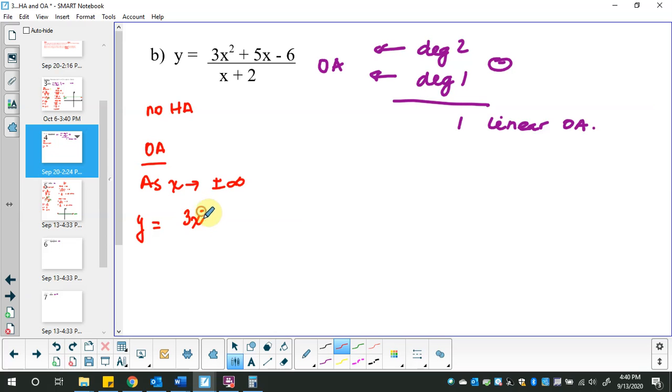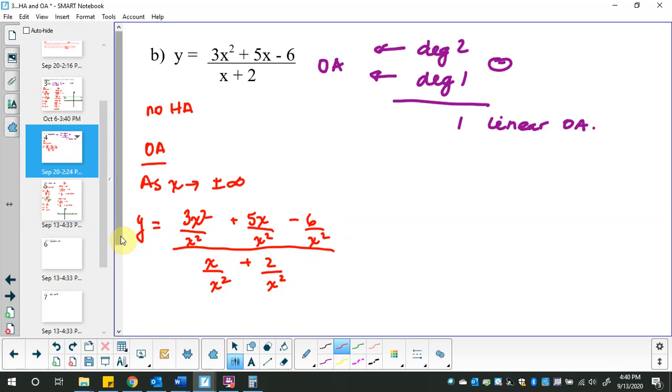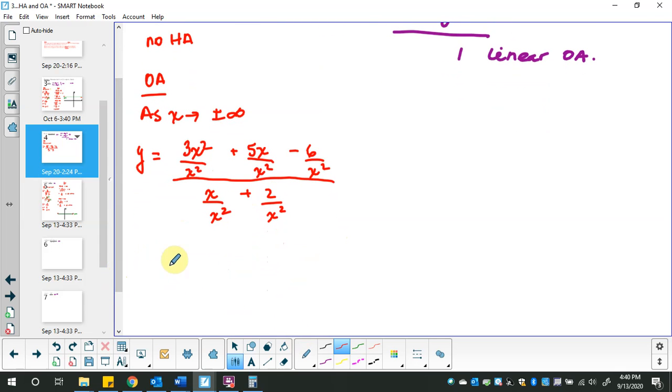We're going to take 3x squared, and 5x, and negative 6, and x, and 2, and we're going to divide everything by the highest power of x, which in this case is x squared. Then we're going to clean it up. So x squared and x squared cancel each other out.